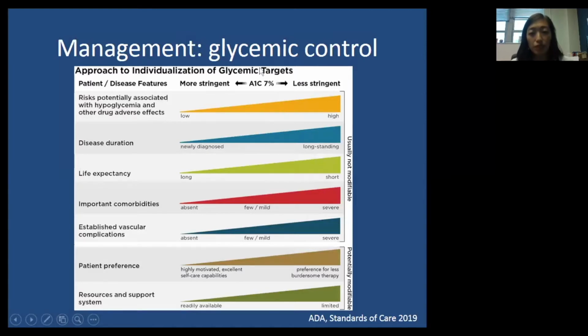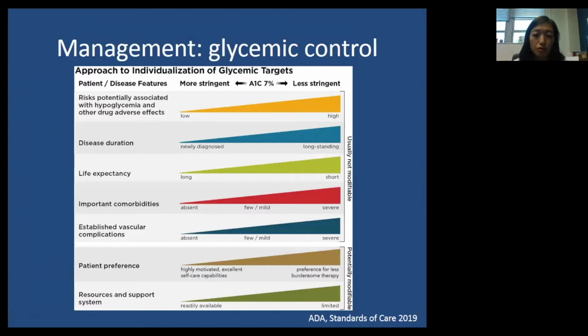However, you can see lots of caveats here, and the importance has been to really take into consideration not only their comorbidities, but also their life expectancy, disease duration, risk of hypoglycemia or other drug effects, and again, the resources and social support and social determinants of health that may affect one's overall well-being.